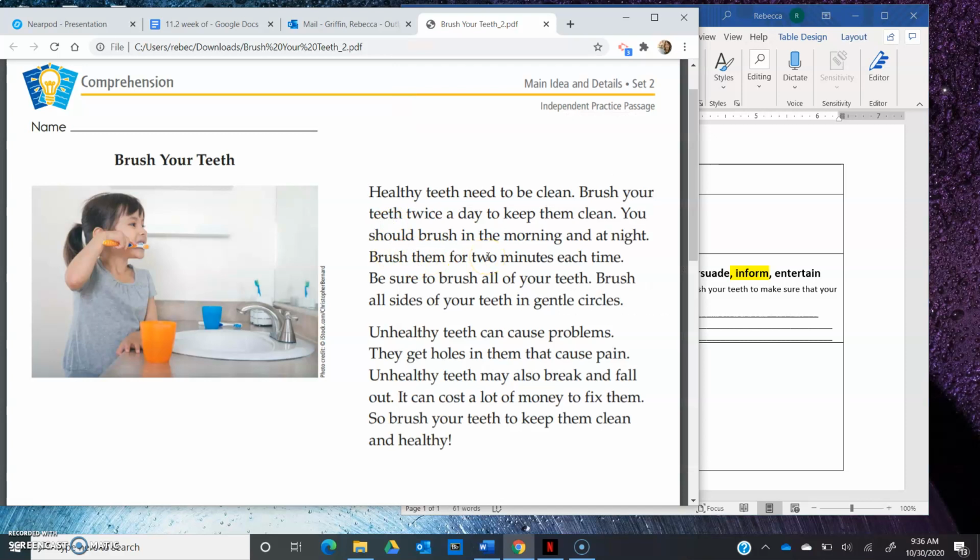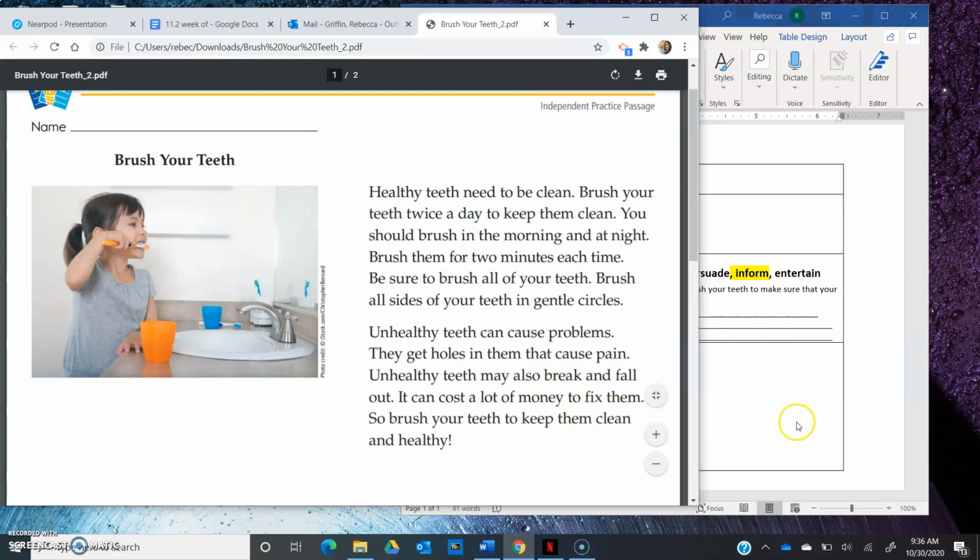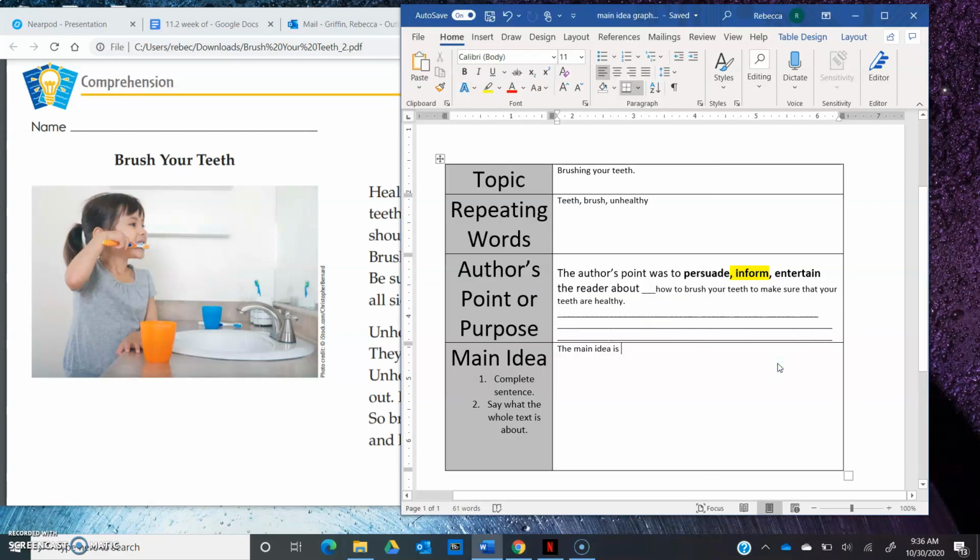I'm looking at the first paragraph, and I think the first paragraph is mostly about how to brush your teeth. So, when you should brush them, how long, and how. So, like in circles and all of the teeth. So, I'm going to write that the main idea is how to have healthy teeth by brushing them.